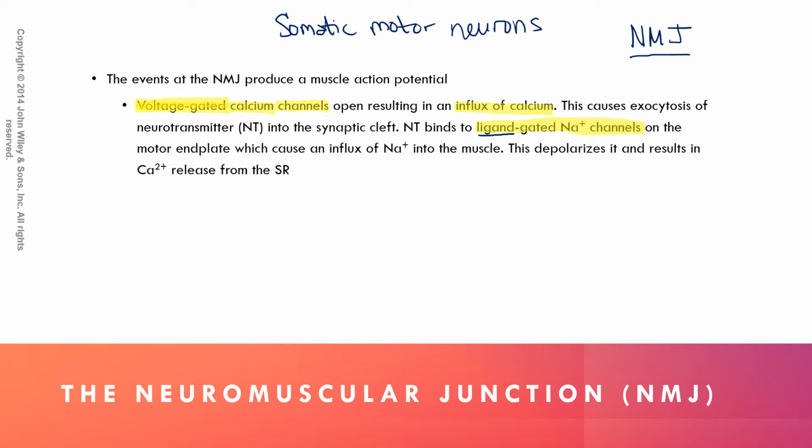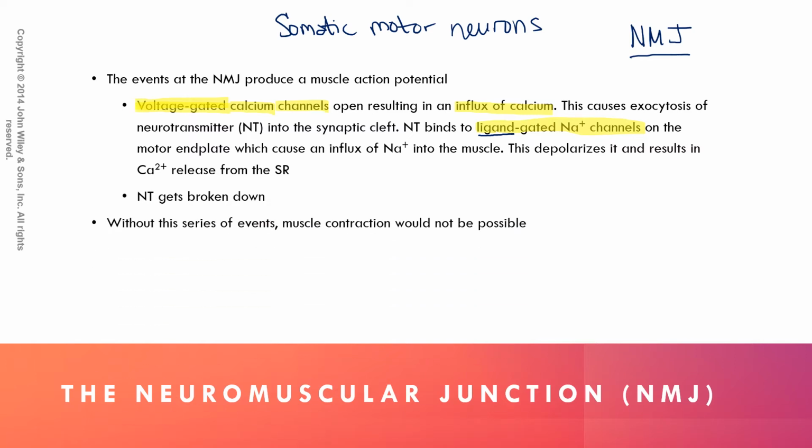Now, once the neurotransmitter has bound to the respective membrane protein, it's actually broken down. Without this series of events of the action potential coming from the neuron, crossing that cleft and binding the neurotransmitters to the muscle, we couldn't have this muscle contraction. So we'll go over those in the next couple slides.